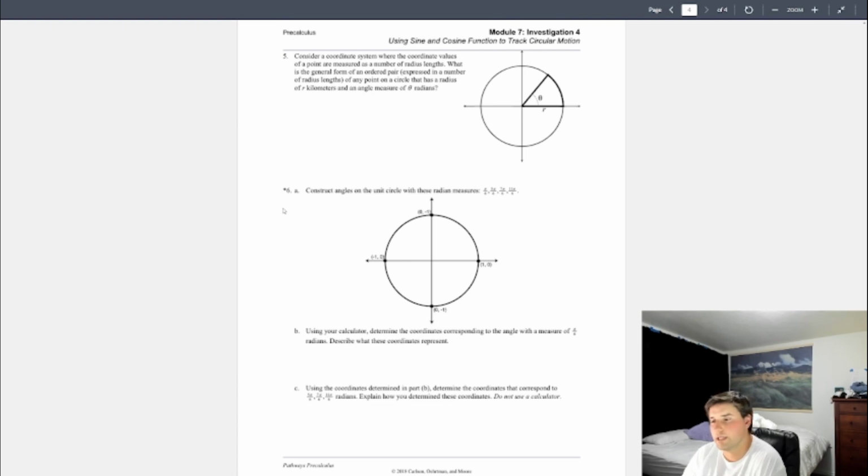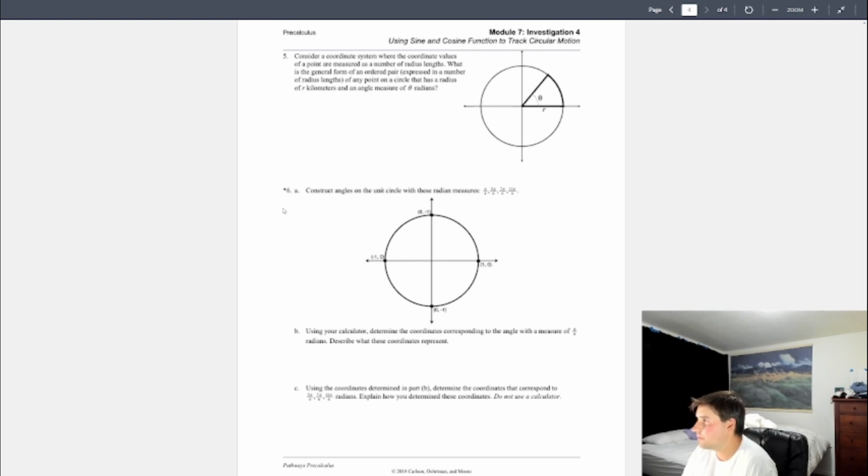So r times sine of theta gives you the y value, or cosine of theta, same thing, x value, but in the units given. And I think if you just keep it as sine, it will keep it as the radius lengths.